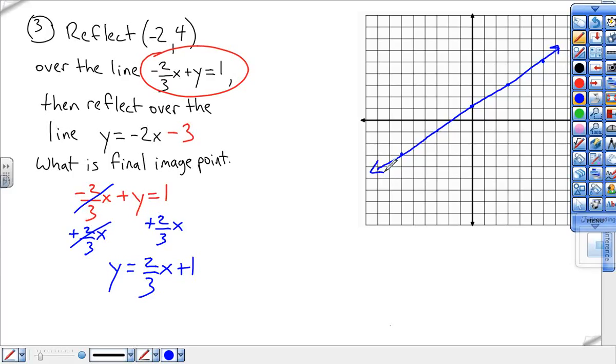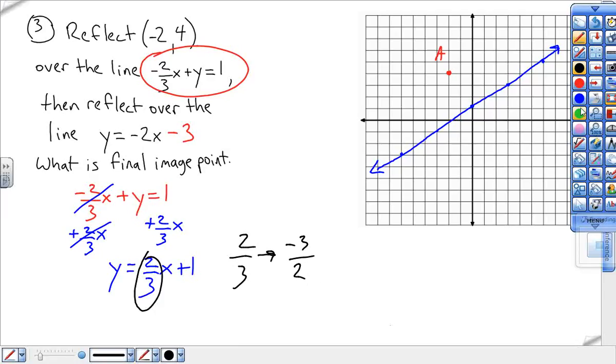The point I'm reflecting is the point -2, 4, which is right here. That is A. I need to approach that line at a negative reciprocal slope of 2/3. So if I take 2/3 and flip it and make it opposite, I get -3/2.